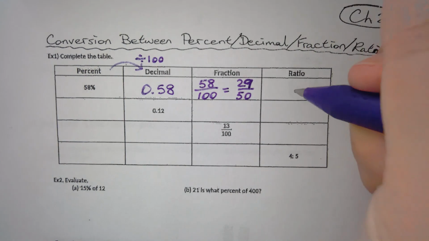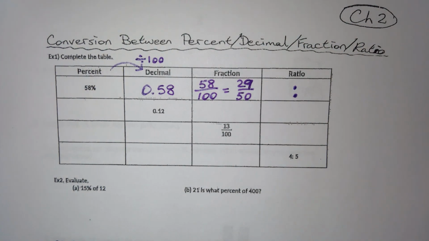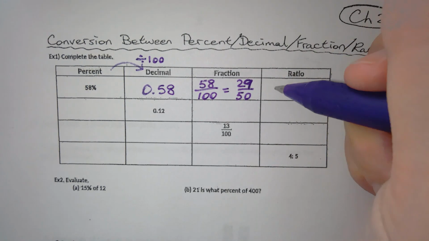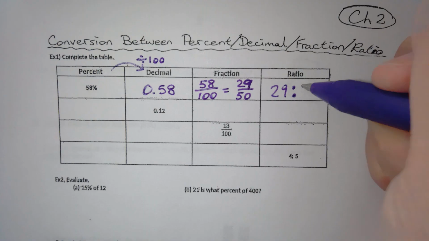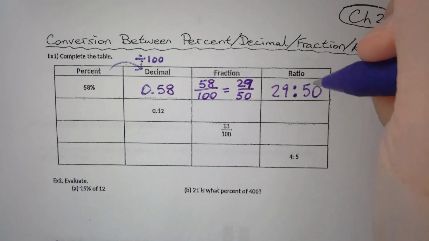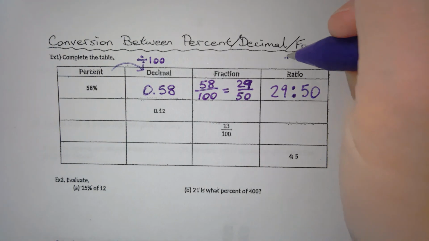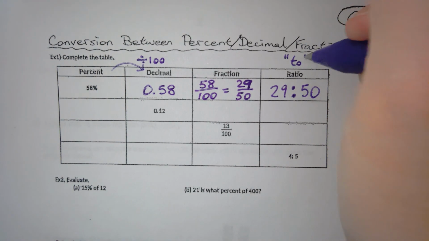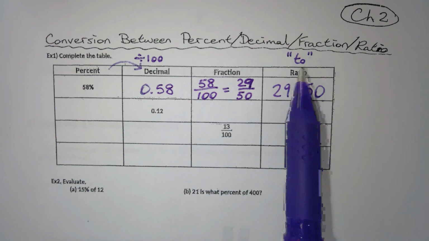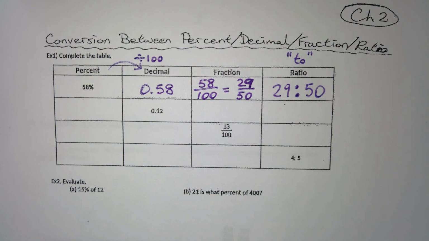The colon, right? Okay. Colon. Yeah, so this, we just write it in the lowest form, so 29 to 50. So we use the 2 dots and we just say 2. Okay, it's like a ratio.